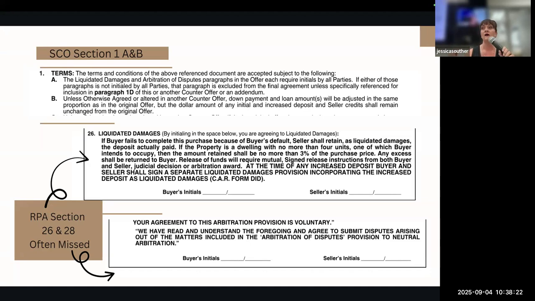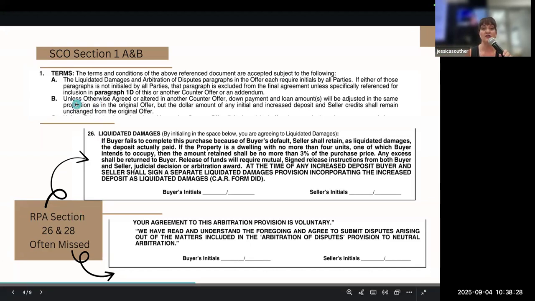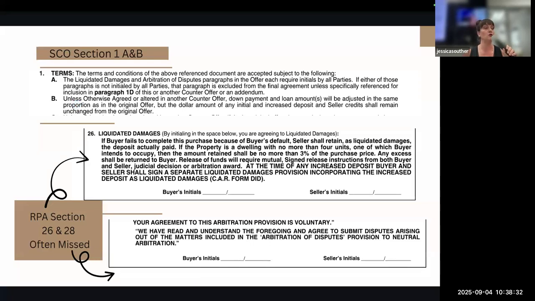So if you counter, it states right here that if either of those paragraphs is not initialed by all parties, that paragraph is now excluded from the final agreement unless specifically referenced for inclusion in paragraph 1D, that's other terms of this counteroffer we'll get to in a second, of this or another counteroffer.